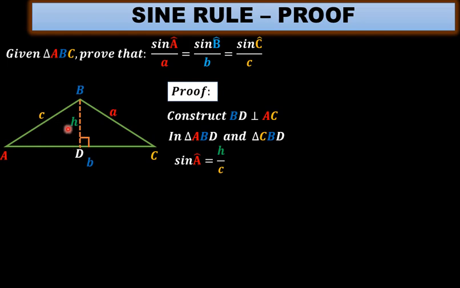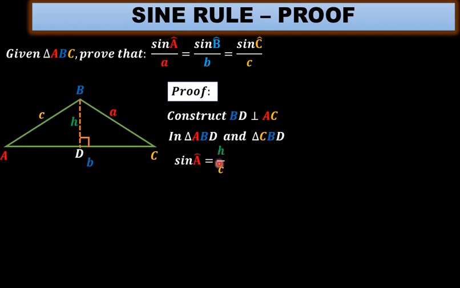So the relationship between angle A, which is our reference, and this side H is that it is opposite. And then C is the hypotenuse. So we check which trigonometric ratio talks about the opposite and hypotenuse, and that is sine. That is why we say sine A is equal to H divided by C.